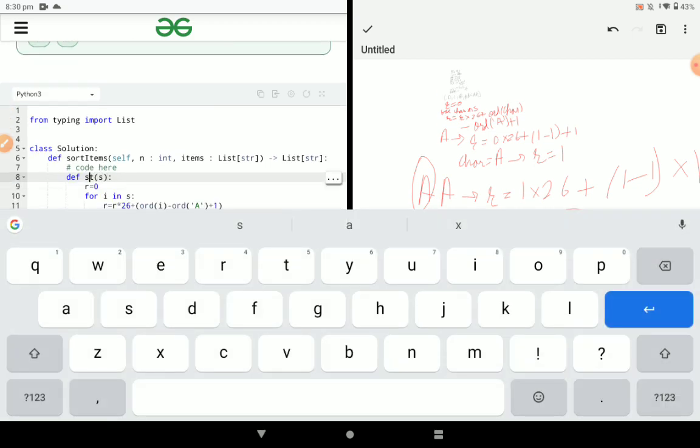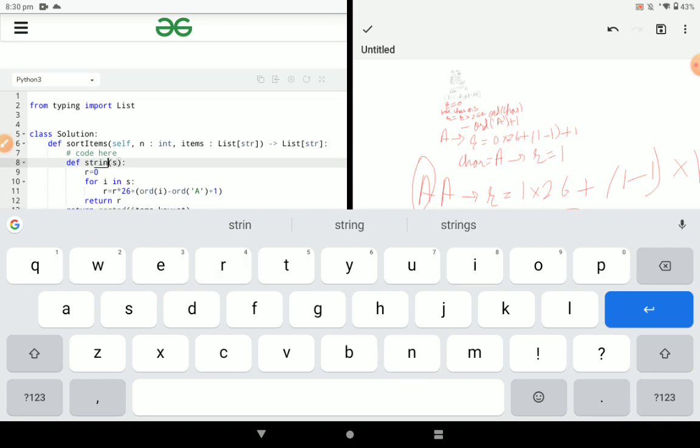So basically I have created a function, string to number.